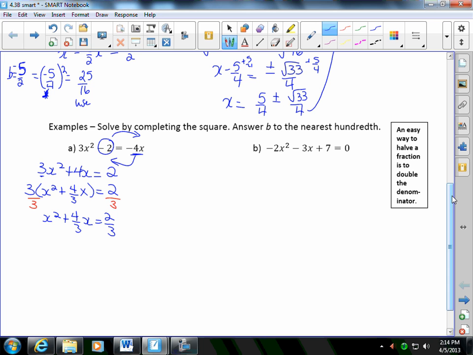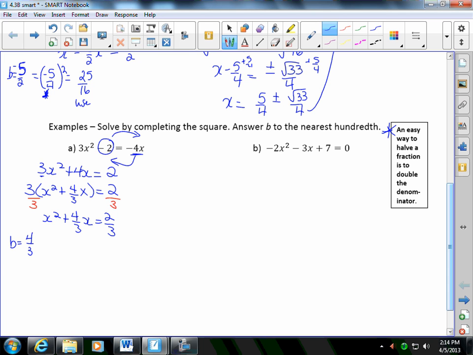So now I can do my complete the square. So my b value was 4 over 3. I have to halve it, and the little note over here says an easy way to half a fraction is to double the denominator.